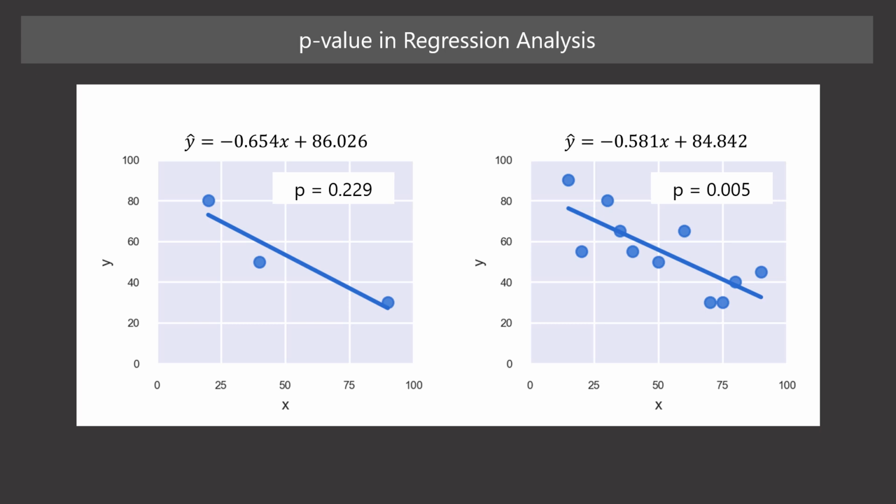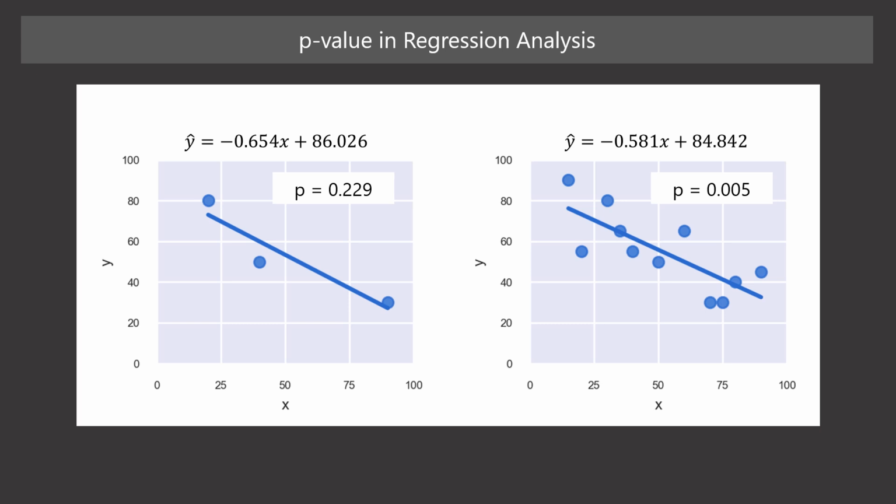Similarly, in regression analysis, we need to consider both effect size and statistical significance. That is, we need to check both regression coefficient and p-value. Even if we observe strong impact of the independent variable on the dependent variable, we are not sure whether the impact is statistically significant or a product of chance.